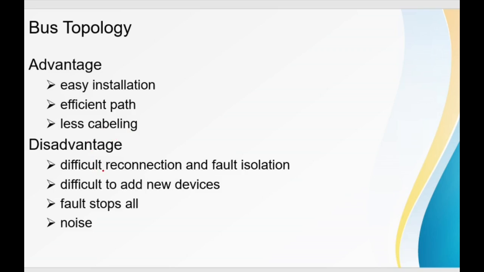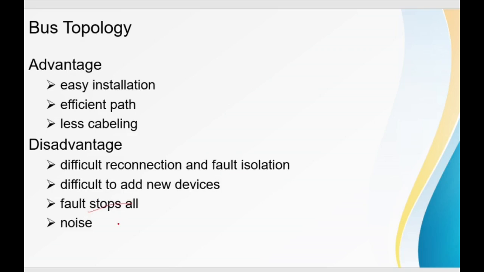Next, disadvantages. It is much more difficult for reconnection and fault isolation. It is difficult to add new devices because it requires modification or replacement of the backbone to add the new devices. Signal reflection at the taps can cause degradation in quality. If a fault or break occurs in the bus cable, it stops all the transmission.